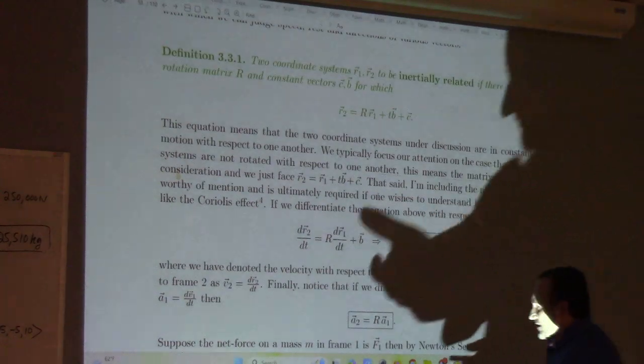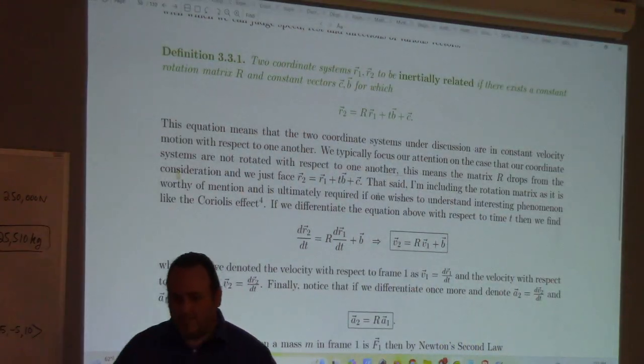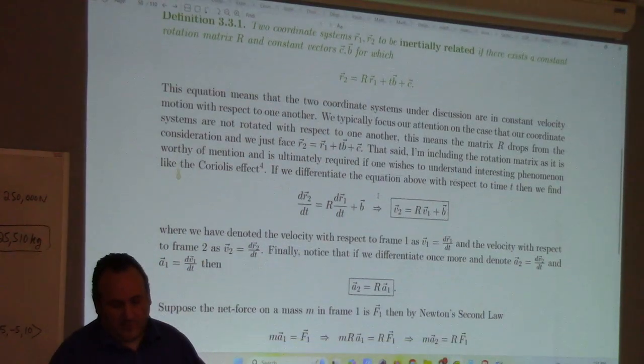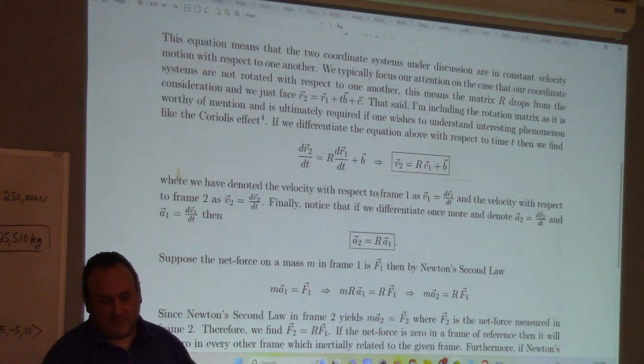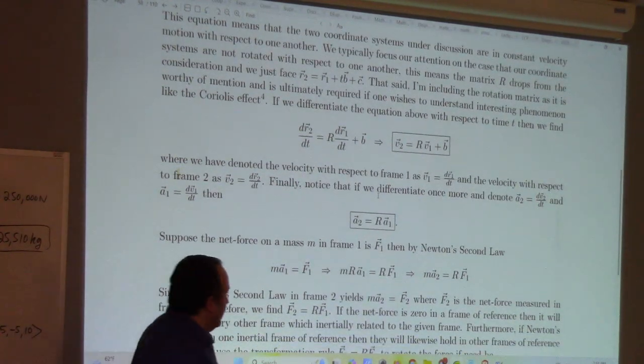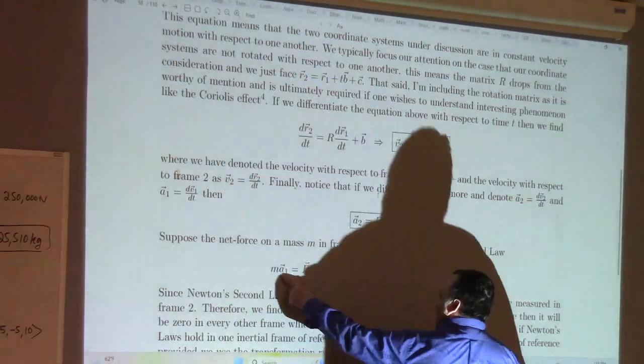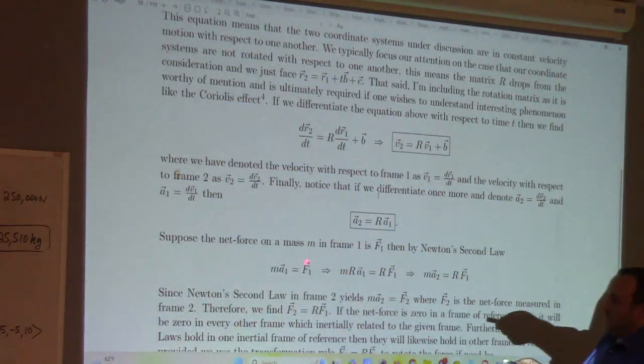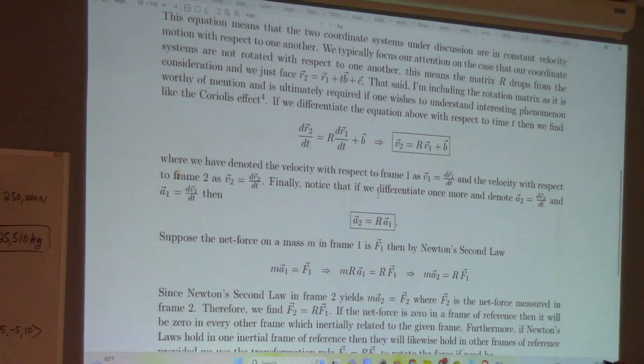And more generally speaking, the rule for writing Newton's laws in the rotated coordinate system would just be that you have to rotate the force. So if Newton's law is obeyed in the first coordinate system, m a1 equals F1. If I multiply this equation by the rotation matrix, it gives me m times R a1 is equal to R F1.